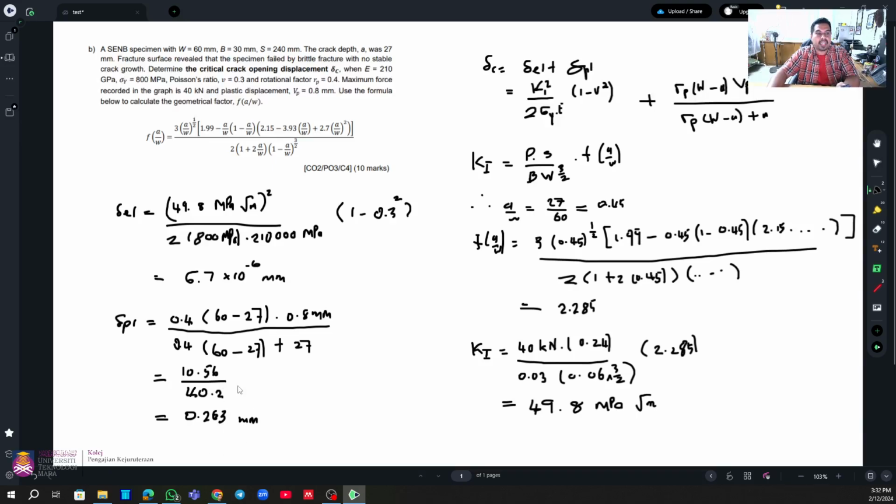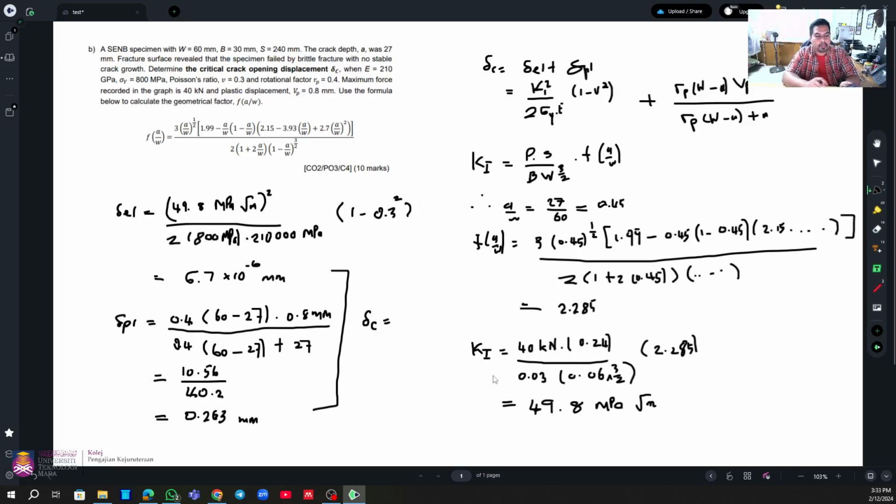So again, you know that the plastic displacement dominates the overall deformation here, whereby the elastic deformation is very small. It can almost be neglected. Alright, so when you combine these two, you will obtain the delta critical.